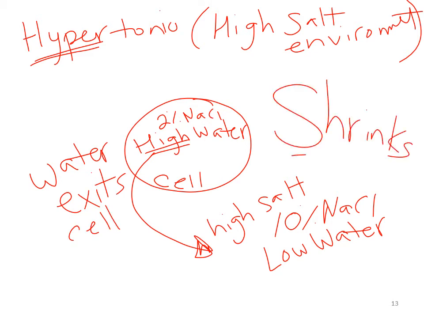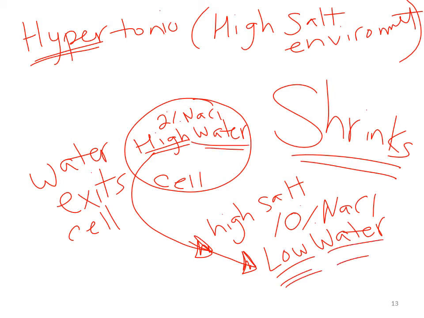Okay, so again, that's how we got the idea of that movement, because it's all focusing on that high to low water. We're not talking about the solute, okay? The solute movement would be diffusion. We're talking about osmosis.